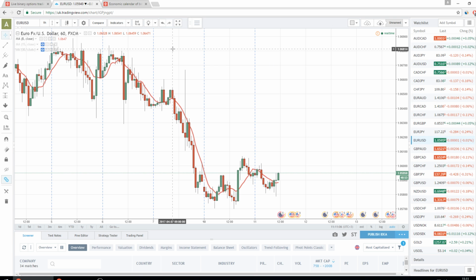Most traders who trade following the trend like this indicator, because it shows the direction. As I told you, this is a lagging indicator, so it doesn't predict the next movement, but it tells you what was before.